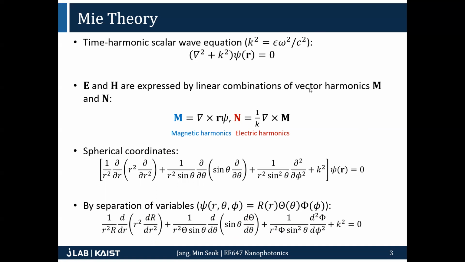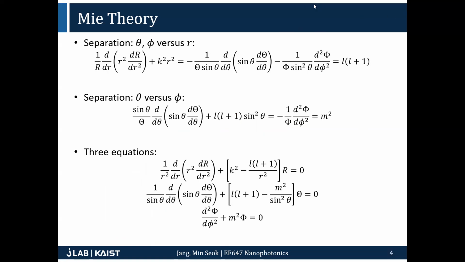So how do we do it? First, we separate theta and phi versus R. So we just rearrange the terms so that we have the R term here, and then the other two, the others. So what we did is just move around the terms. And then here on the left side, we only have R dependence.